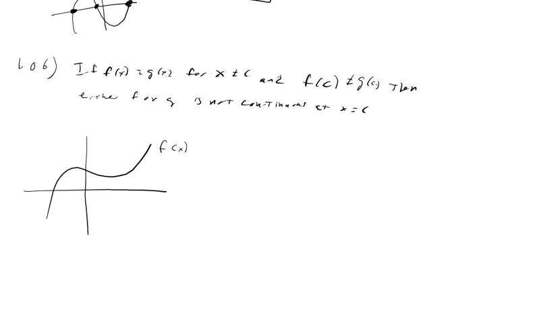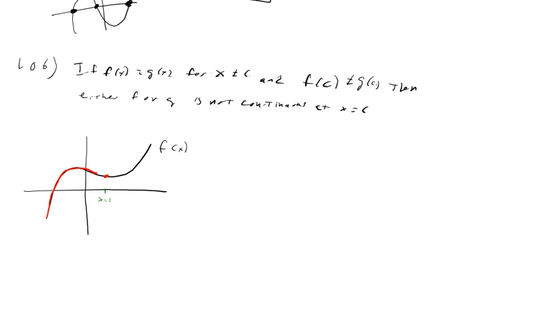So let's say here at x equals 1, the graph of f is right here. Where's the graph of g going to be if they're equal? Yeah, Jessica, they're identical. It's exactly in the same place. They're equal graphs. G is going to be exactly the same.